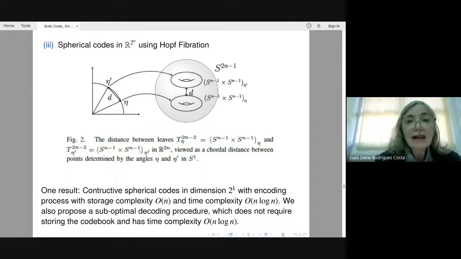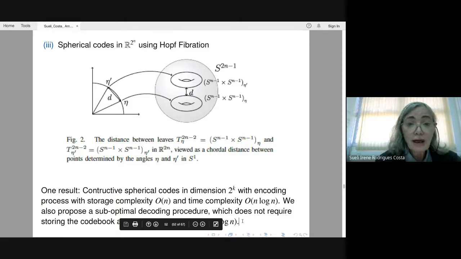And then we go from 0 to pi over 2, and we can foliate the sphere in dimension 2n by these tori, and this allows some constructive spherical codes in dimension 2k, which were constructed step by step from the previous dimension.